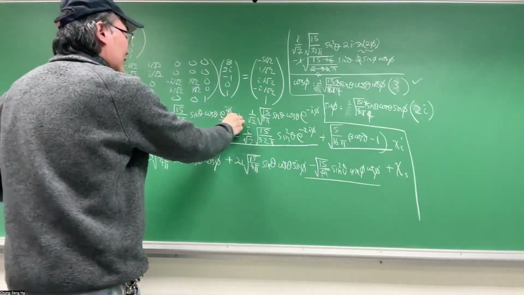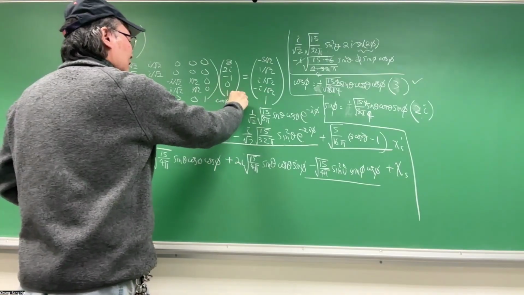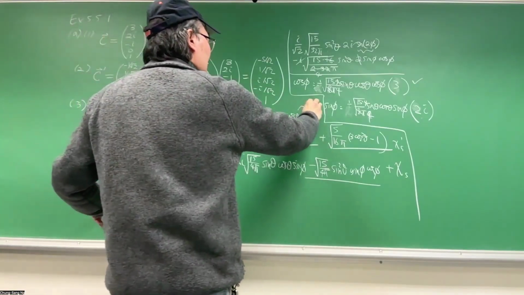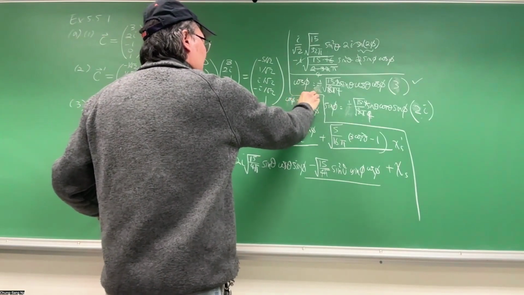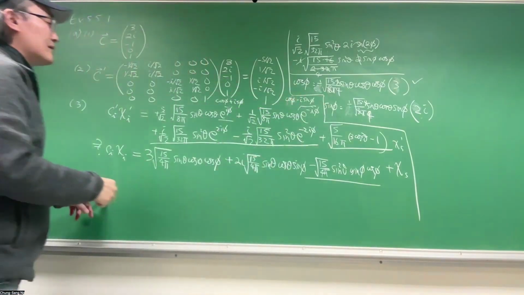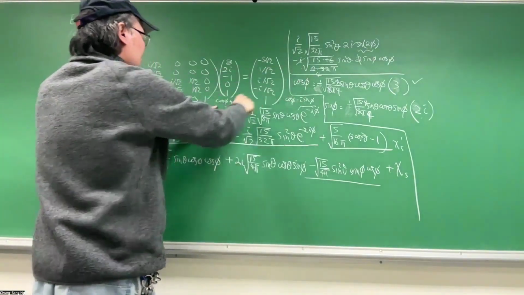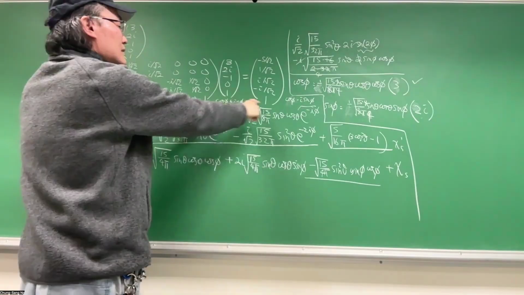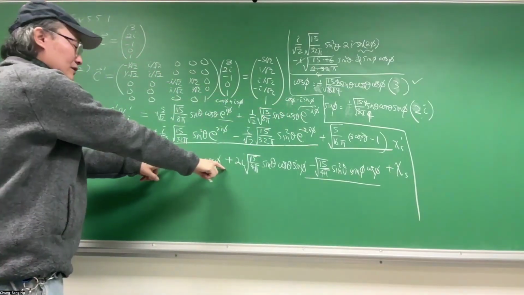Because e to the i phi is cosine phi plus i sine phi, and this is cosine phi minus i sine phi, right? So just compare the first: take the cosine term of both and add the cosine terms, because that has all the dependency.